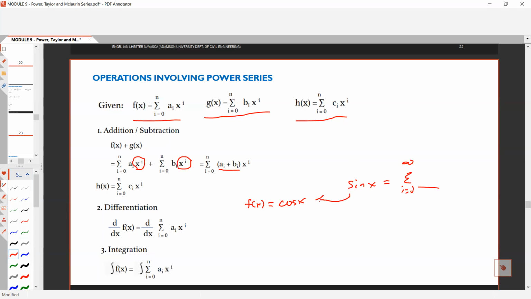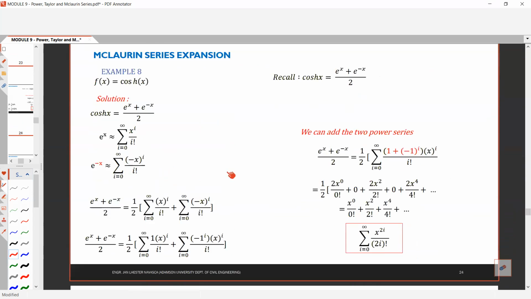So if we all know that the derivative of sine x is cosine x, so d over dx of sine x is equal to d over dx din ng kanyang power series. Okay? So that is the operations involving your power series. If you take the derivative of the continuous function, that is simply equal to the derivative of its power series. Okay? So the same with integration. If you take the integral of your f of x, equal din siya sa integral of the power series expansion.